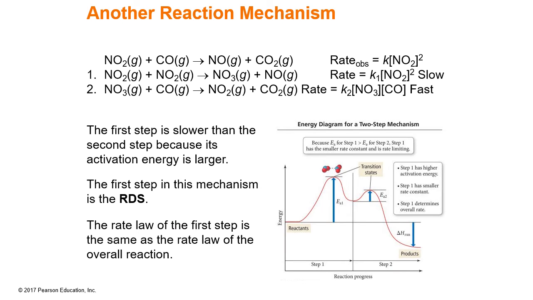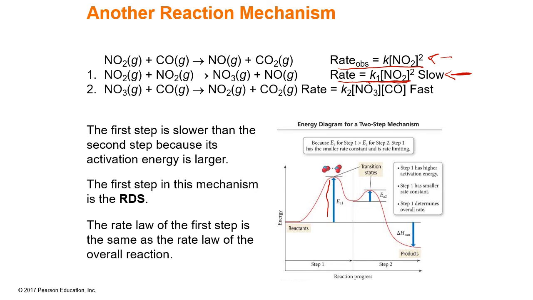So let's look at an example. If we know that our first step in our mechanism is the slowest, that rate is going to be the rate that determines the overall rate of our chemical reaction. So notice how the rate of our rate determining step is the rate of the overall chemical reaction. It means that our activation energy is the largest.